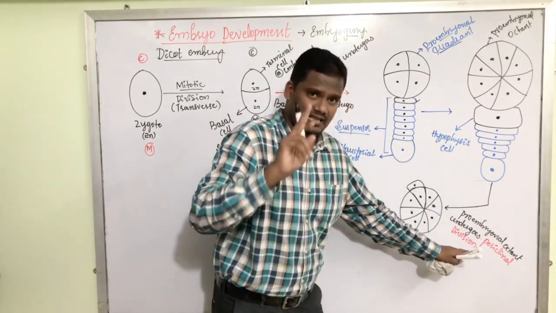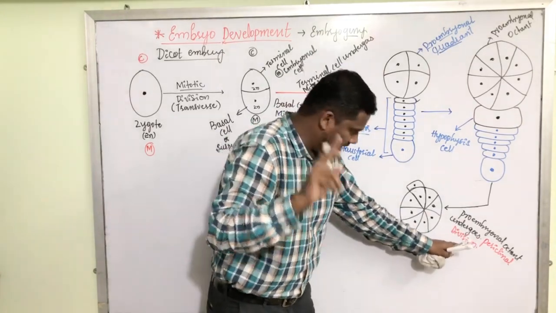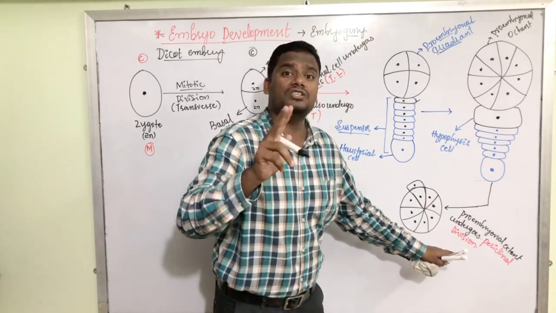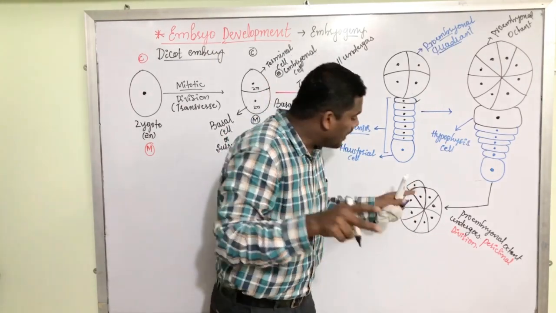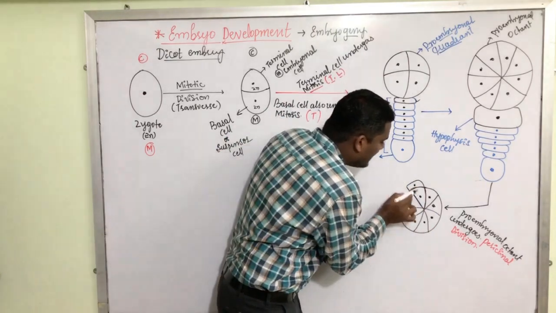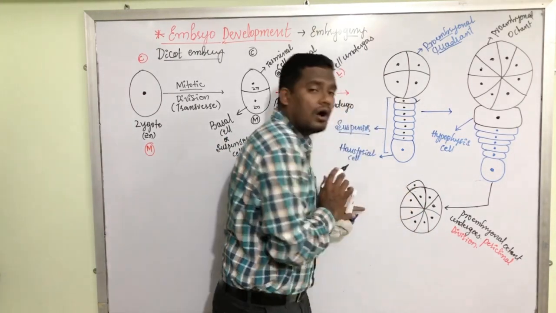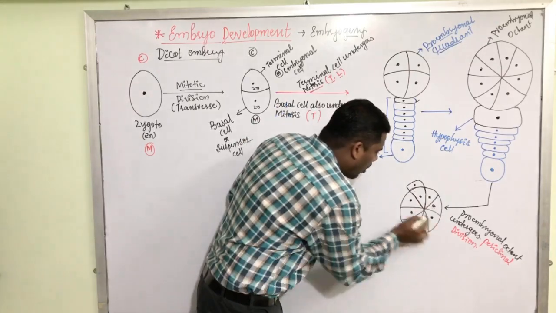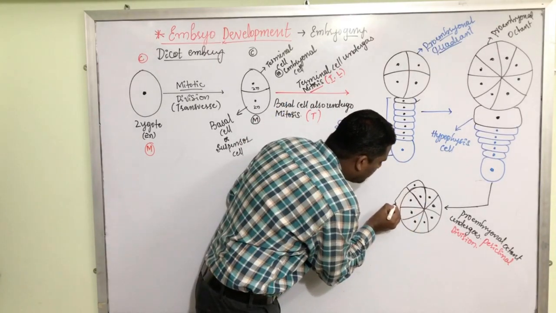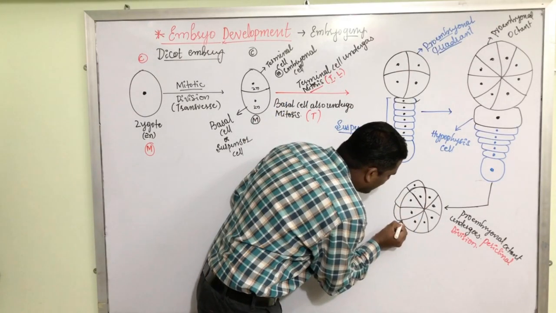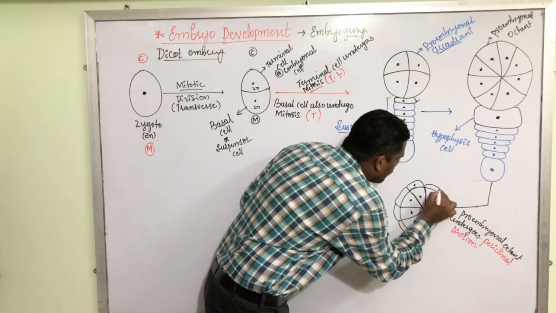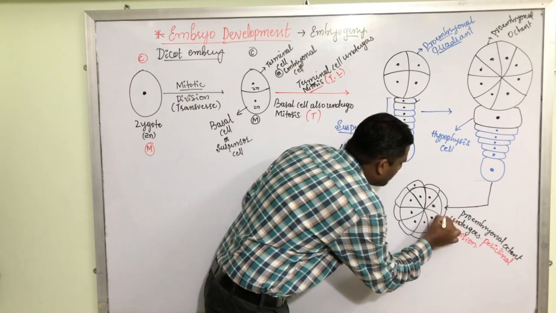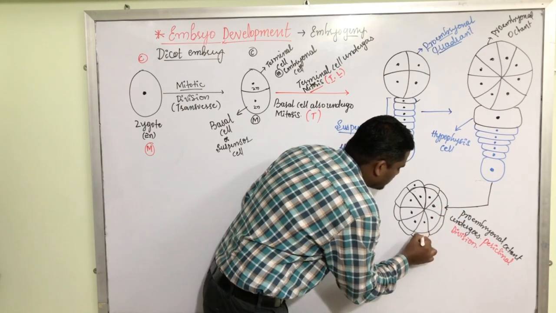Periclinal division is nothing but a cell division in which if one cell divides into 2 daughter cells, 1 daughter cell is added inside and the other is added outside. All the octant cells perform a similar type of periclinal division. As a result, we'll get a structure like this.